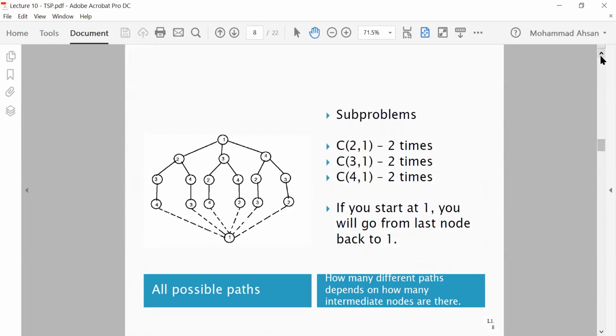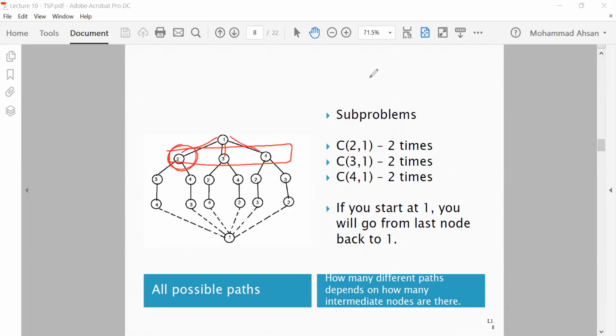So in a way, we are first calculating, if you see the last equation that we calculated, it calculated the cost of this edge plus the cost of this.